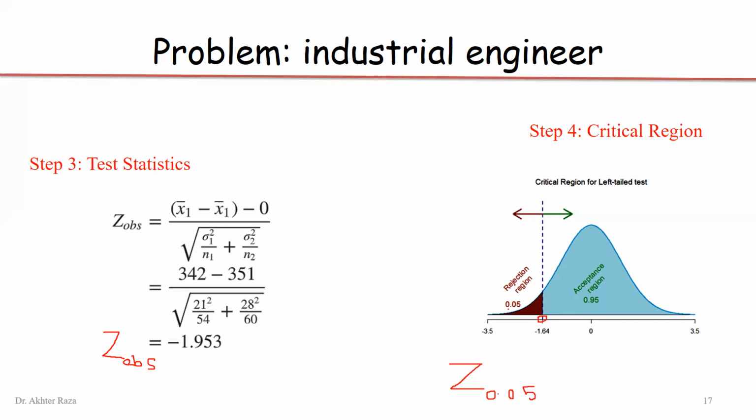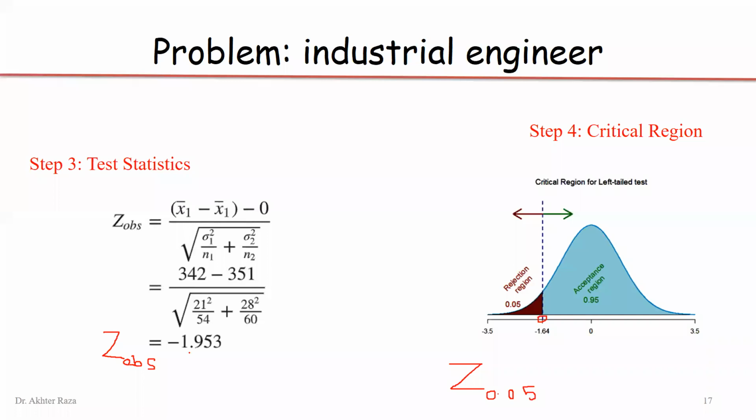So we have two regions here. If the Z statistic is in the brown region, we have to reject the null hypothesis. If it is in the blue region, the null hypothesis is true. That is the criterion for this hypothesis.